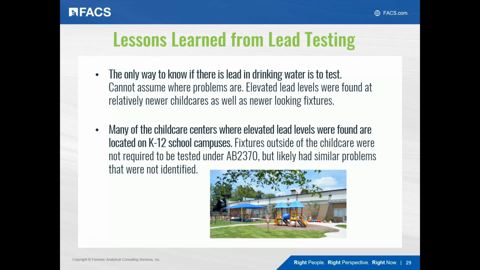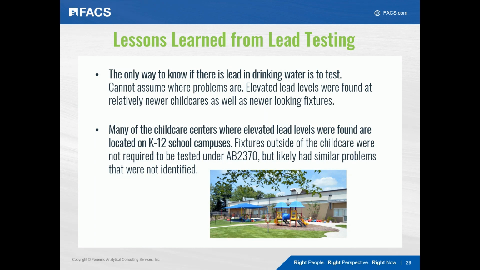Another concern that came out of this is that some of the childcare centers where there were exceedances were located on school campuses. The childcare portion of the school campus may have identified elevated levels of lead and have to replace fixtures. But meanwhile, the rest of the school possibly has similar issues, but because of the gaps in the K-12 school testing program, those fixtures may not have been identified or addressed.